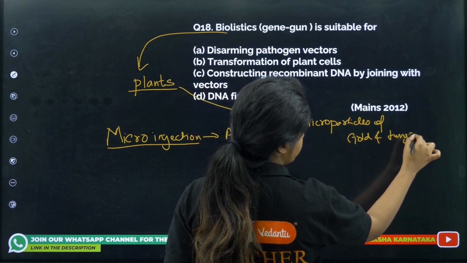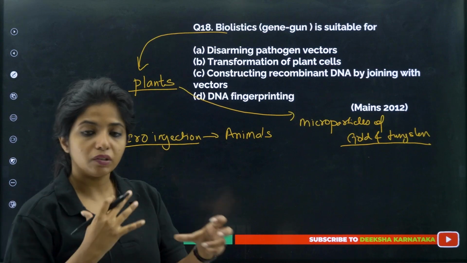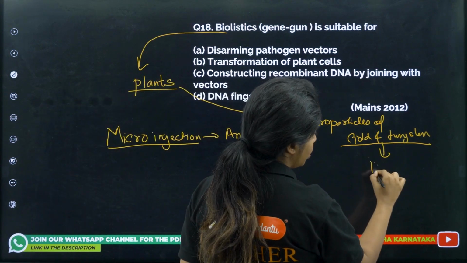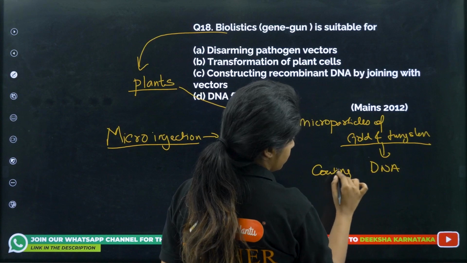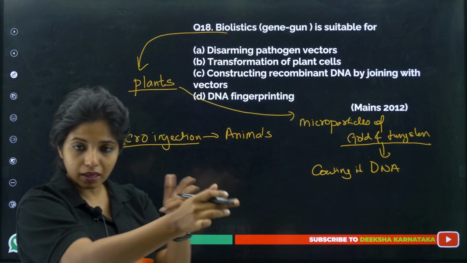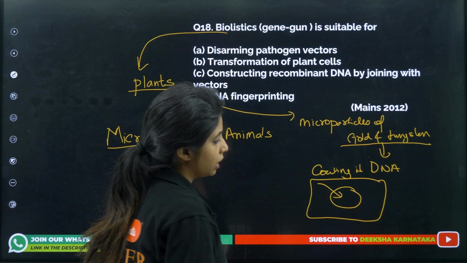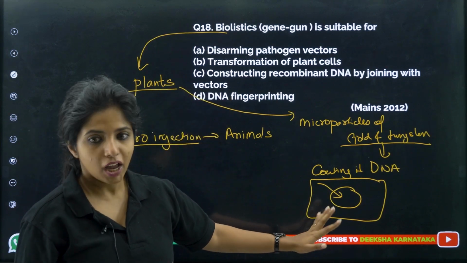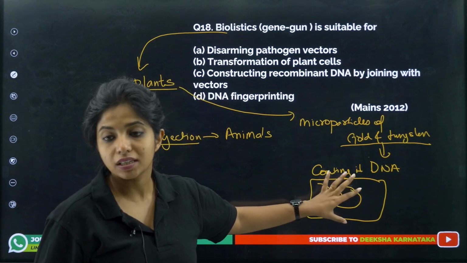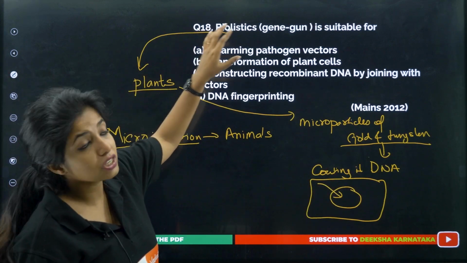This is again a very important piece of information. And with high velocity, I am putting it inside the plant cell's nucleus. If I put it elsewhere in the cell, there will be enzymes like nucleases which would cut the DNA off. I don't want that. So I am directly putting it inside the nucleus. This is done in the case of plants, and you call this a gene gun.